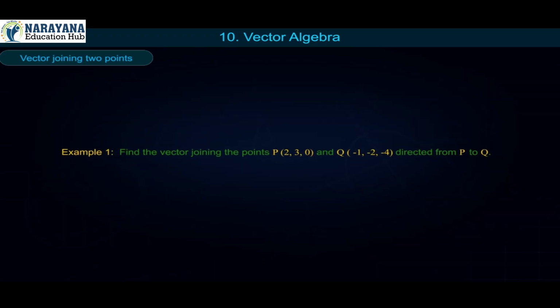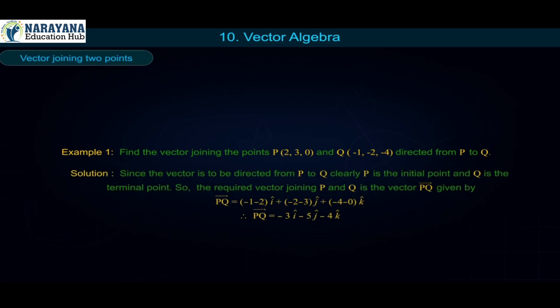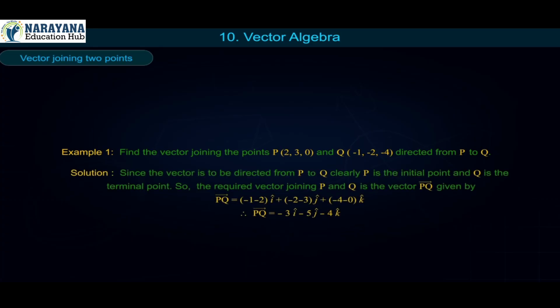Example 1. Find the vector joining the points P(2, 3, 0) and Q(−1, −2, −4) directed from P to Q. Solution. Since the vector is to be directed from P to Q, clearly P is the initial point and Q is the terminal point.